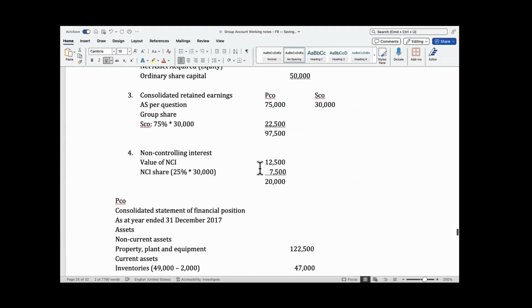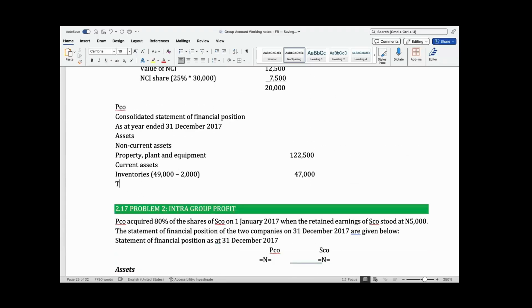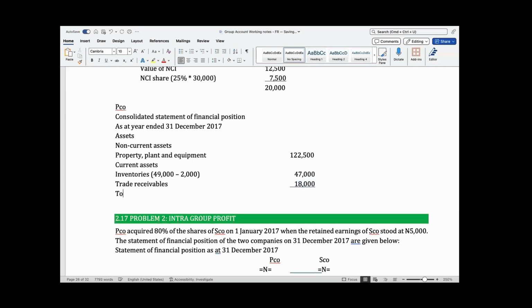This gives me 18,000. Let's add all together. What was the addition of everything? $187,500.